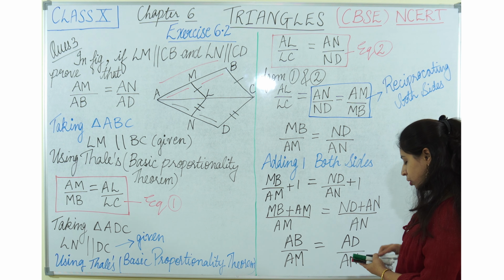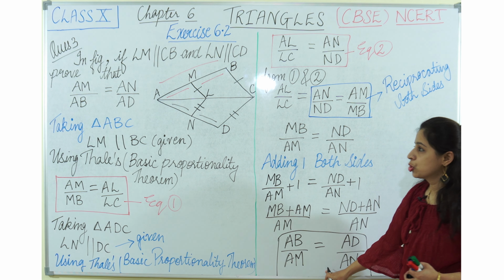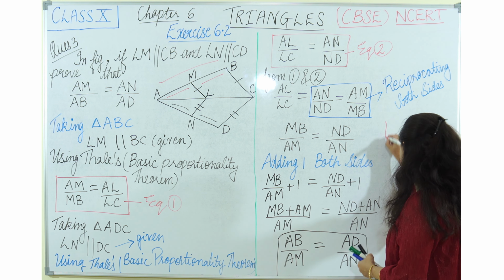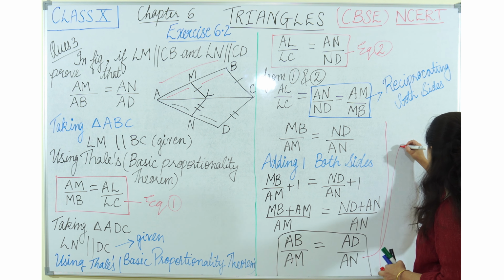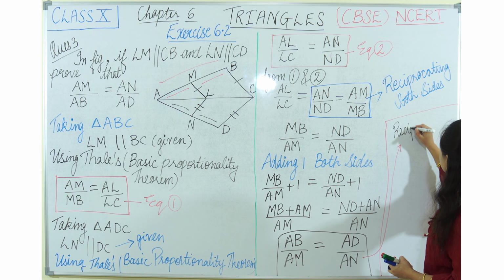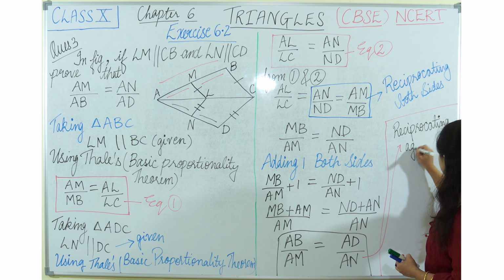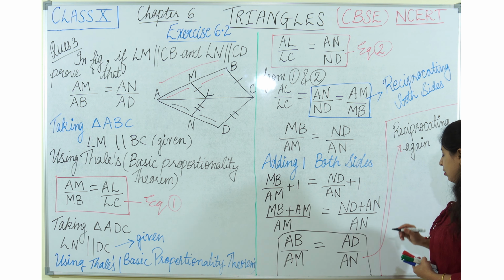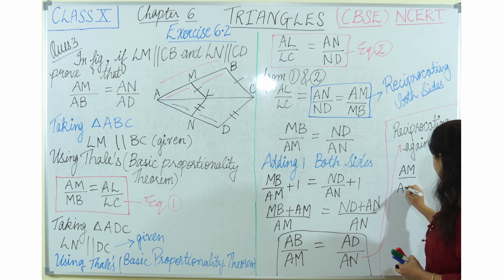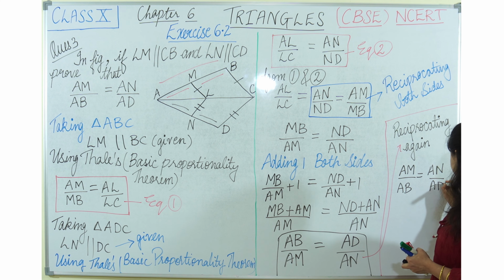But still we have not reached the result we have to prove, so we will reciprocate this whole equation again. We get AM upon AB equal to AN upon AD.